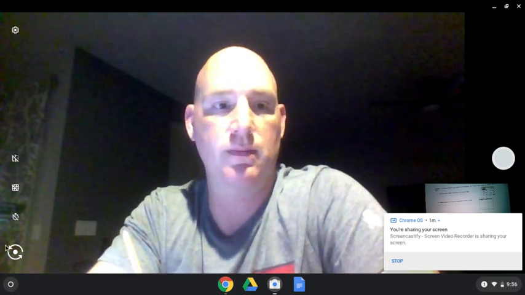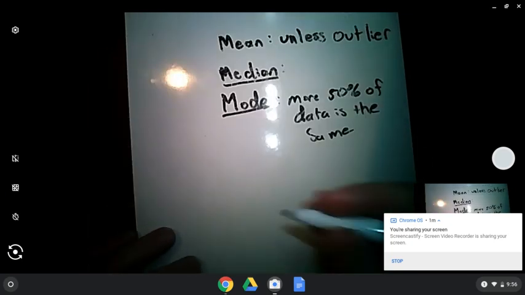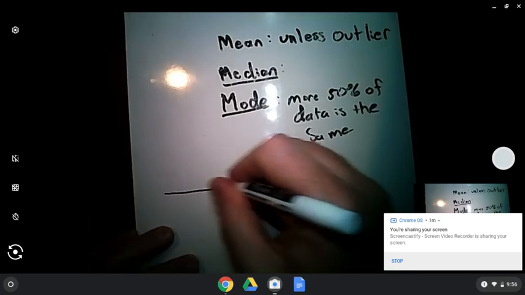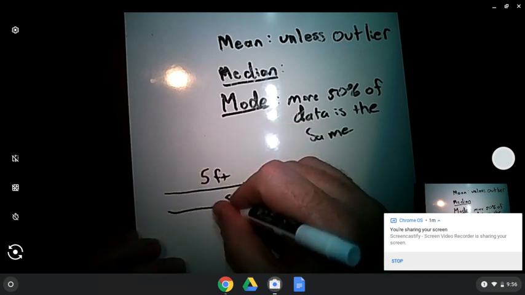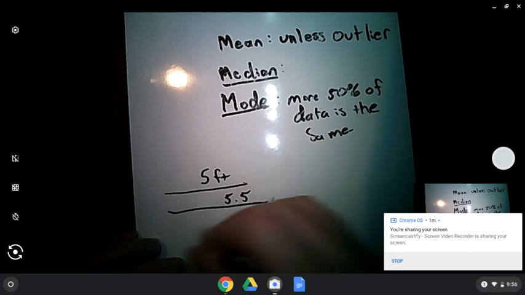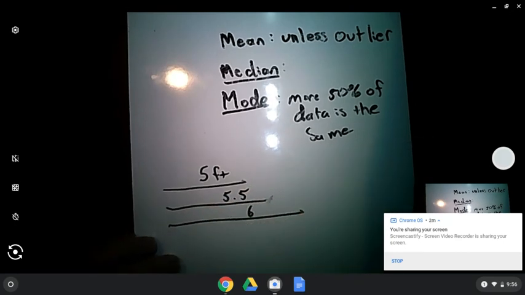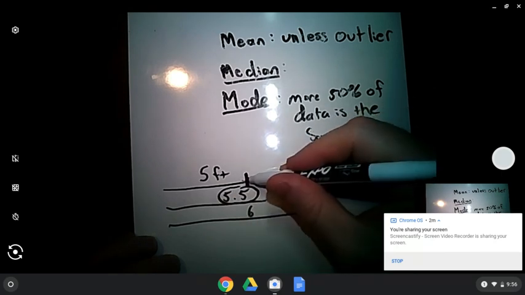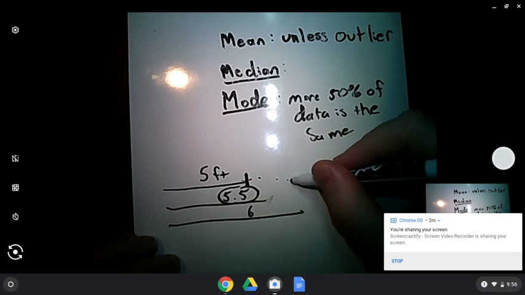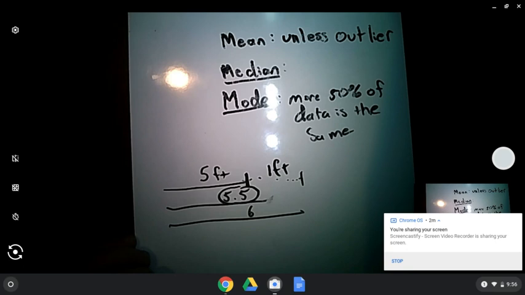And to see it in numbers, it could just look like this. So if I just look at some lengths, that's 5 feet. Let's just do decimals, 5.5. That's 6 feet, right? Well, they'll average out to be 5.5 feet. But the range is the distance from the shortest to the tallest, 1 foot, okay?